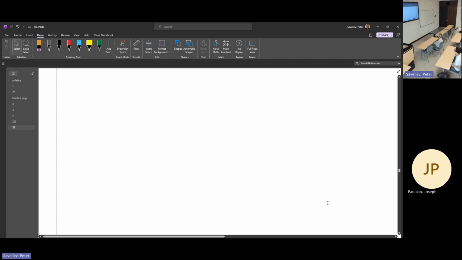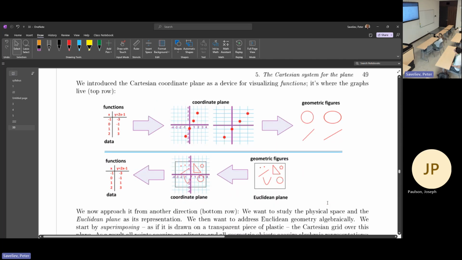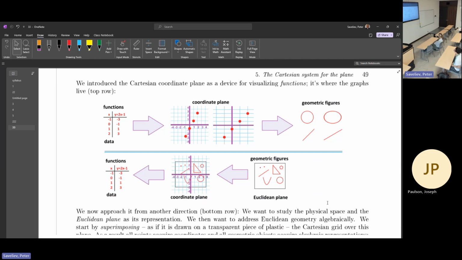So, the Cartesian system. Let's quickly review the Cartesian system of the plane. I'm making a distinction here between what we have been doing and what comes out a lot in calculus 1. The Cartesian plane is used to plot functions. X is one variable, y is the other variable. There might be no relation whatsoever between them.